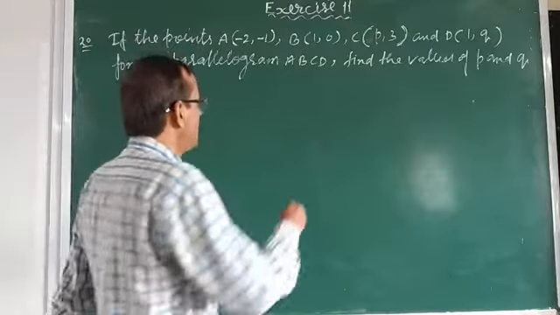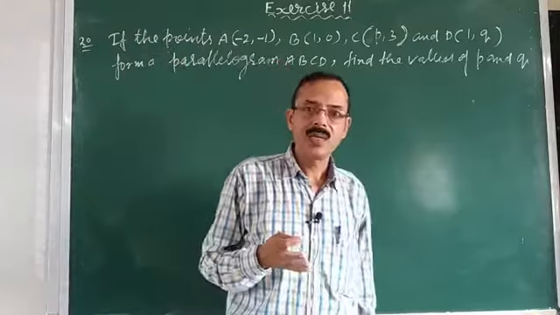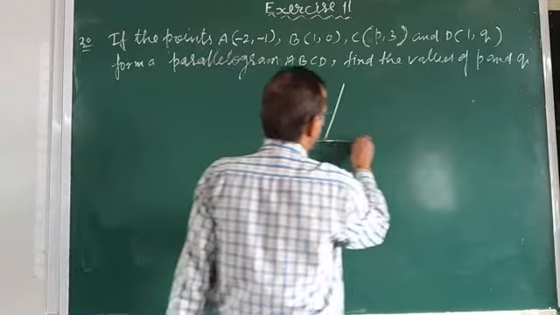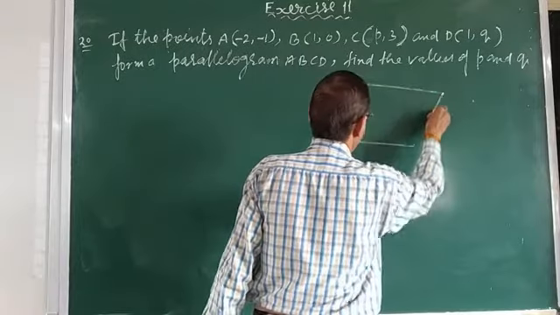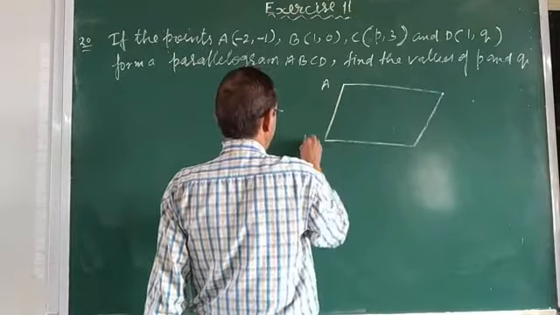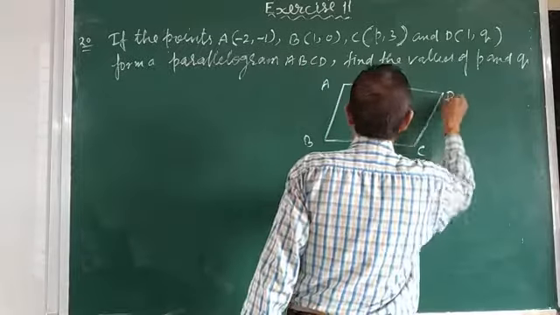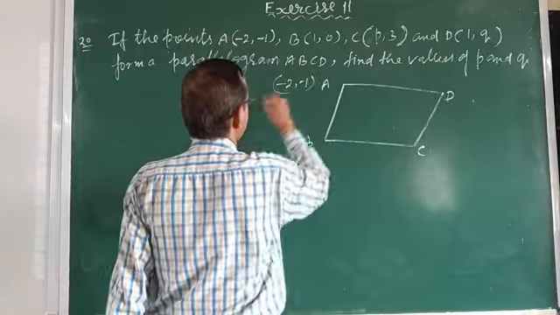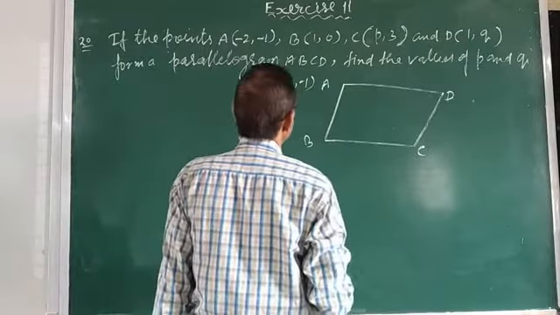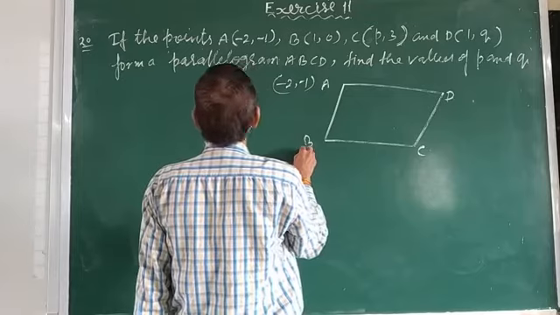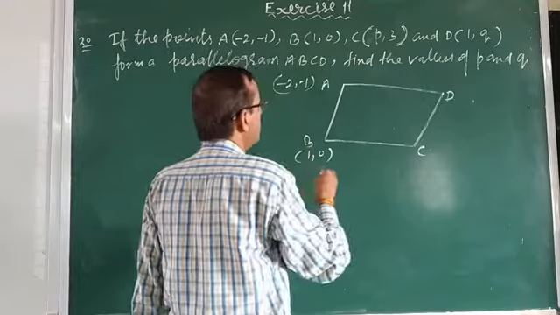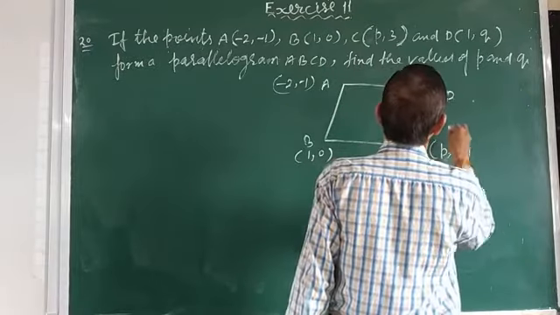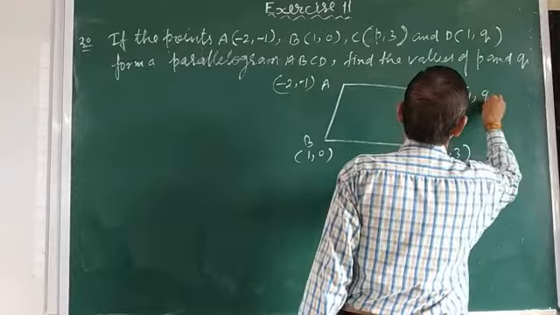We have a parallelogram, so you have to apply the same process: diagonals bisect each other. This is the parallelogram ABCD. A is (-2, -1), B is (1, 0), C is (p, 3) and D is (1, q).